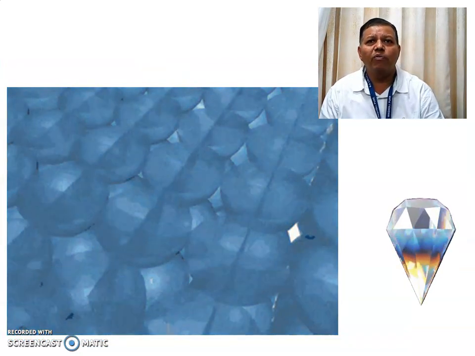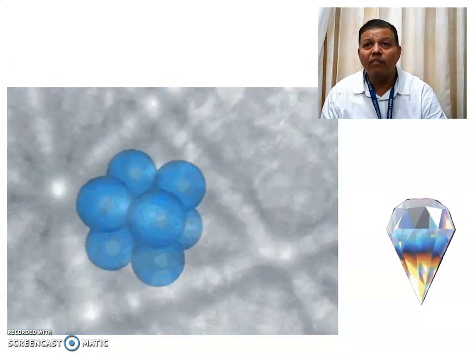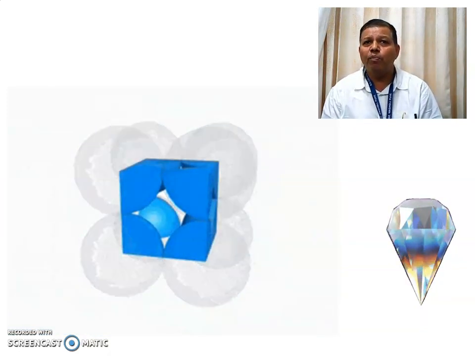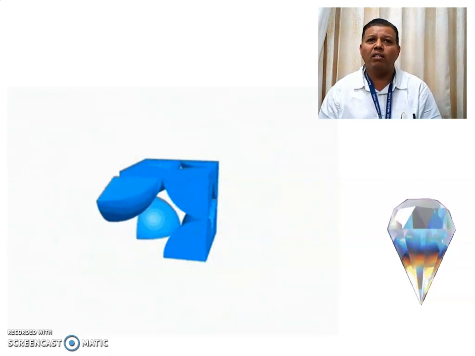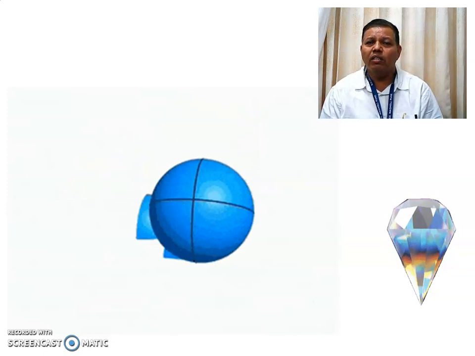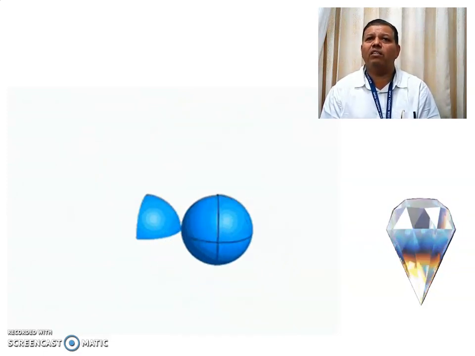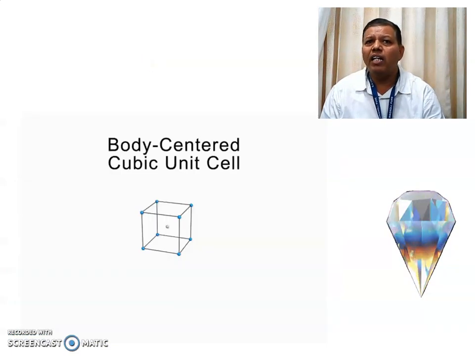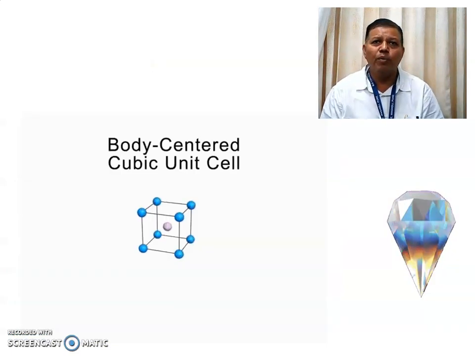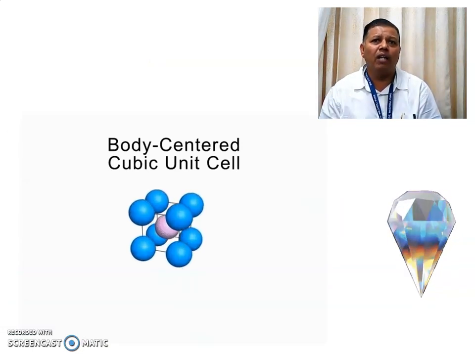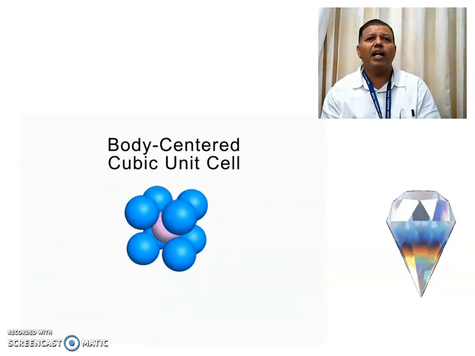We can observe a number of such types of crystals. In the first, suppose 4 atoms are at the cube, and the cube is divided into 8 parts. When we arrange all these cubes, we observe that only one particle is present per cube. Now we can identify the body centered cubic cell. We observe 8 atoms at the corners and 1 atom in the center.